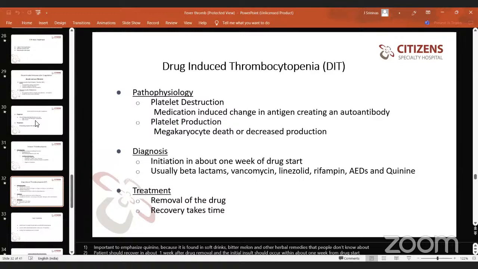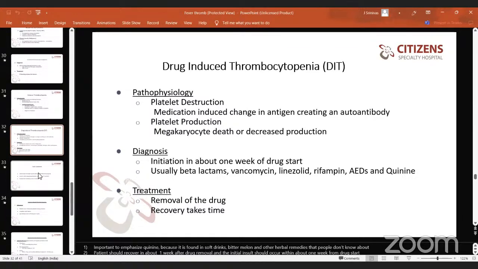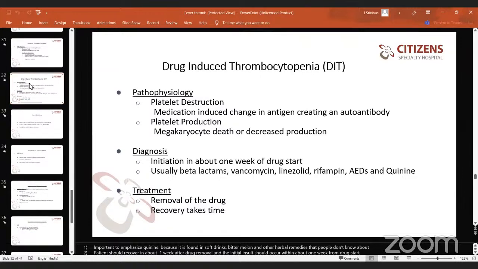If you are thinking of drug-induced thrombocytopenia, it takes time for the recovery of platelets, because as soon as you stop, it won't recover the next day or after 2 days. It takes a minimum of 1 week to recover, and sometimes some weeks for drug-induced thrombocytopenia to recover.